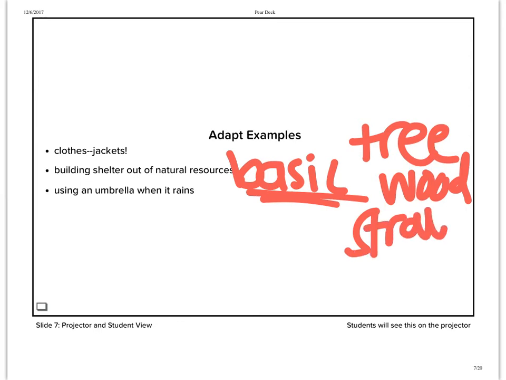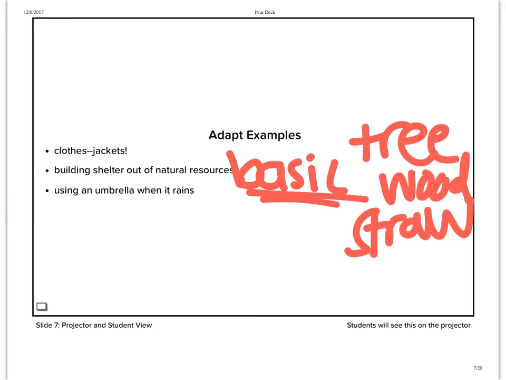I'm now thinking of the 3 Little Pigs. Building a basic shelter out of natural resources found around you in order to protect yourself from a storm, from the cold, from the heat, shade or something like that. That's adapting to your environment.